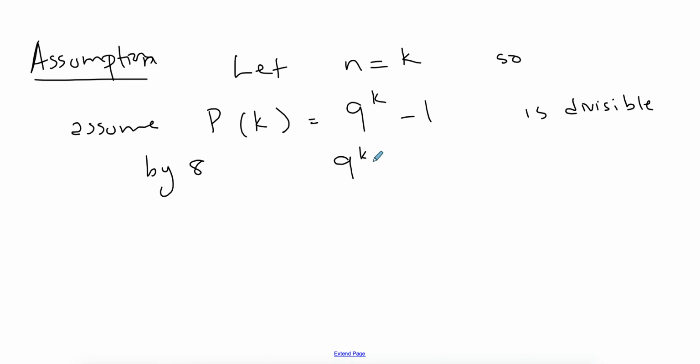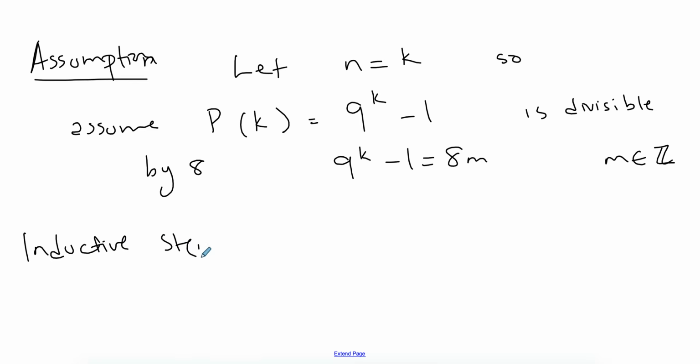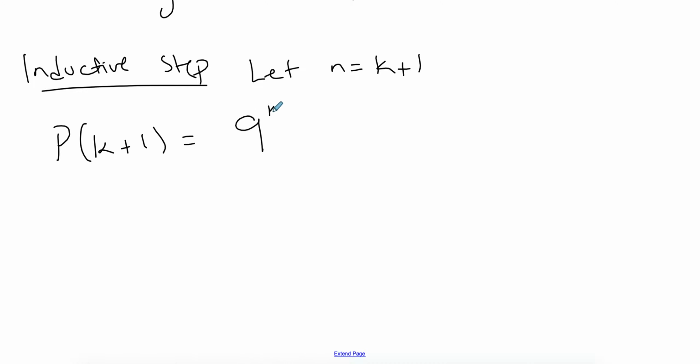And so I can rewrite this as 9^k minus 1 equals 8m, where m is an integer. Now we go for our inductive step. And I say let n be equal to k plus 1. And so I have P(k+1) is equal to 9^(k+1) minus 1.